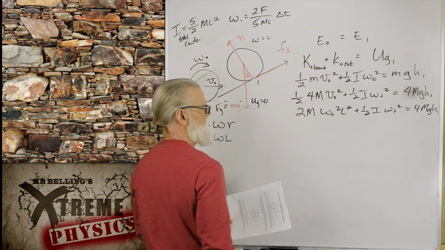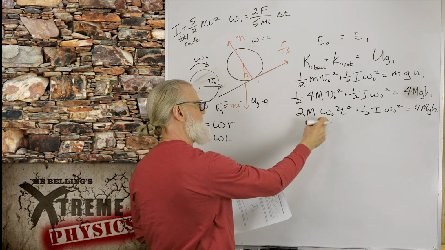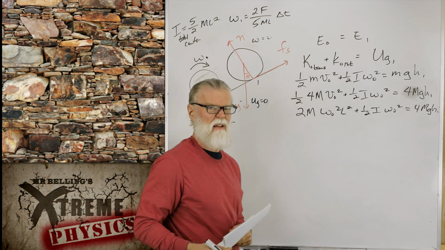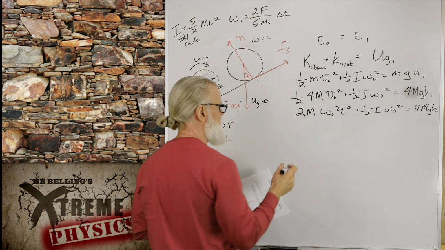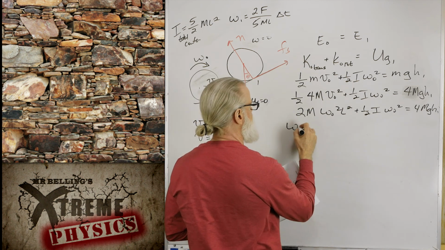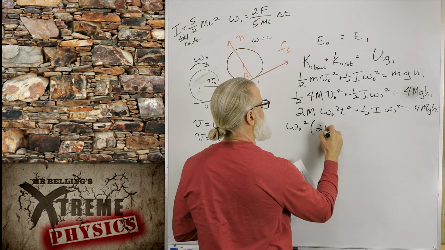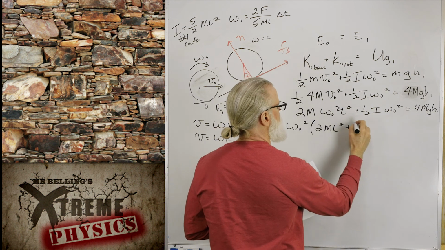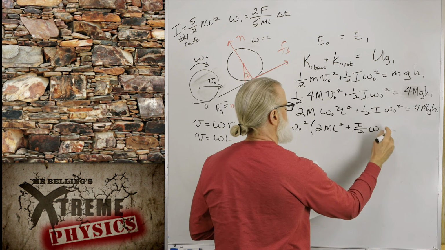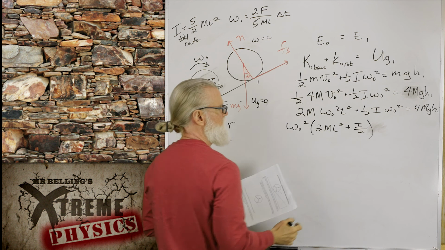All right, well, this is kind of easy because we can leave this as I, and we didn't even need to substitute in omega that we calculated before. I don't know why we did that if we didn't substitute it in. But anyways, that's cool. So it makes our life easier with the algebra anyway. Omega 0 squared, I'm going to factor that out, and we're going to have 2ML squared plus I over 2, right?